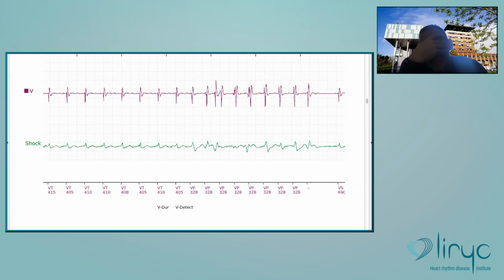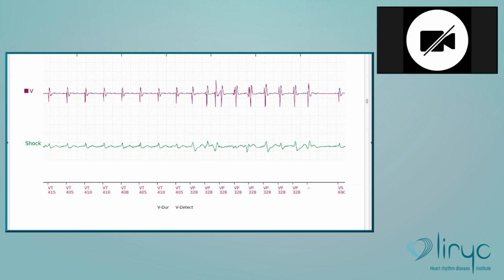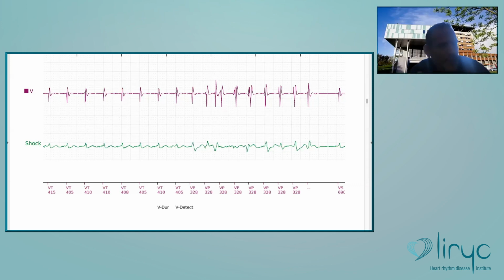All these discriminators can work on initial detection and after a shock is delivered, if you program it, of course. They will not be applied after an ATP. If you deliver an ATP, then there's no more discrimination.